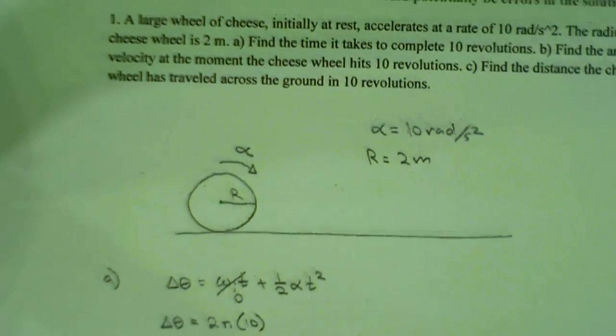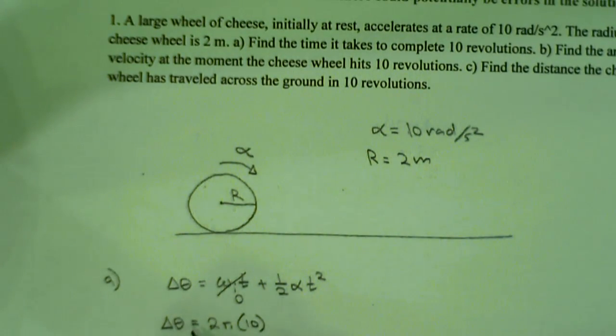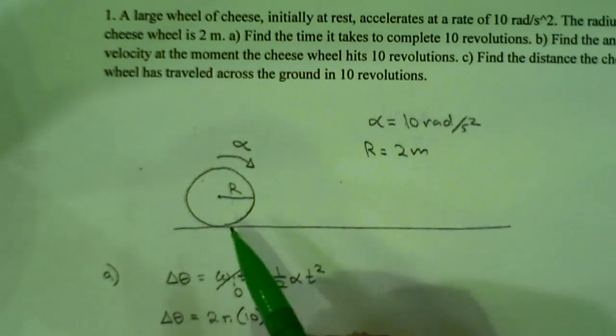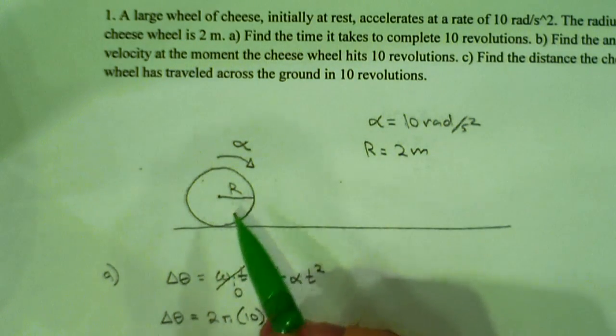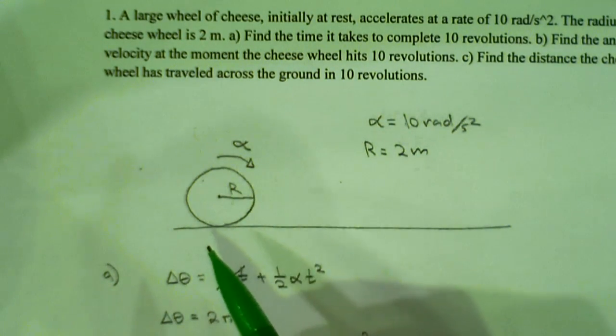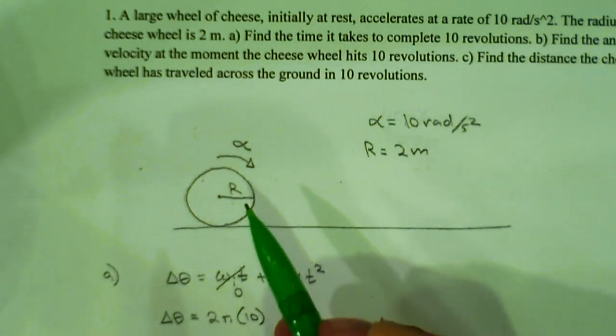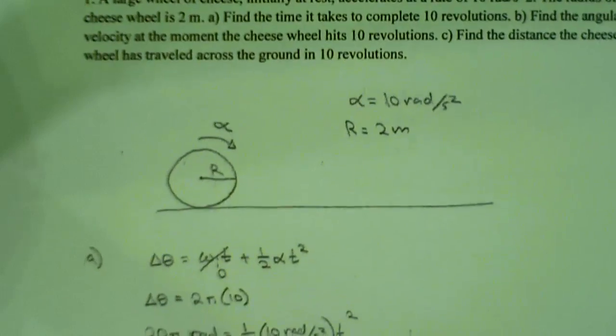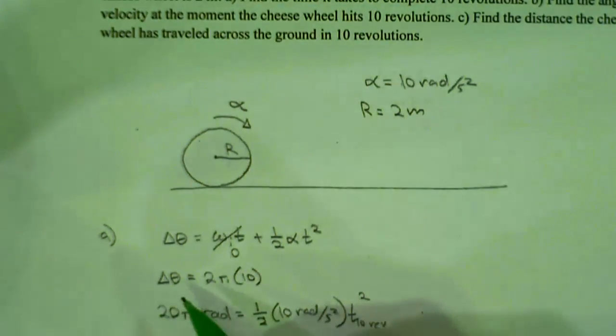But first we need to find the delta theta. So this is the angular displacement for 10 revolutions. So 1 revolution is going to be 2 pi's angular displacement, right? So if we want 10 revolutions, we need to multiply 1 revolution by 10. So then we get 20 pi radians as your angular displacement for 10 revolutions.